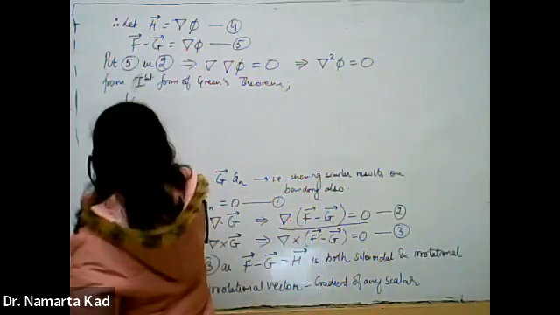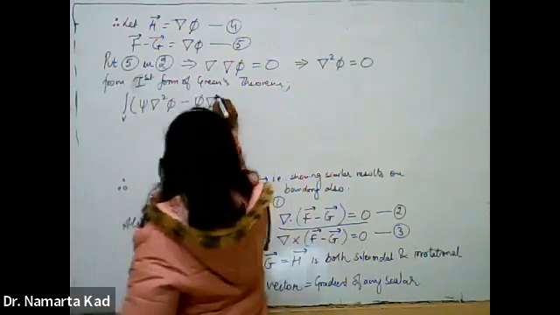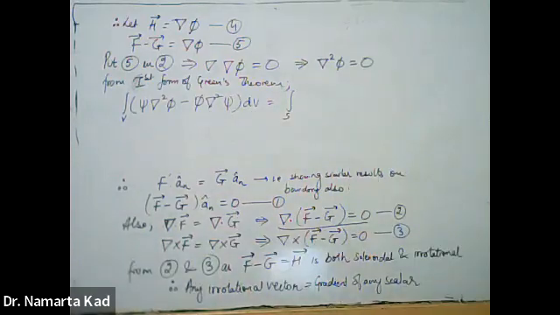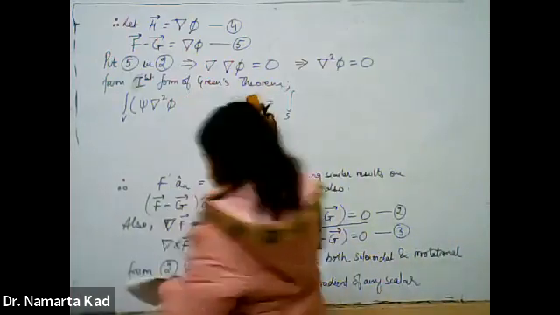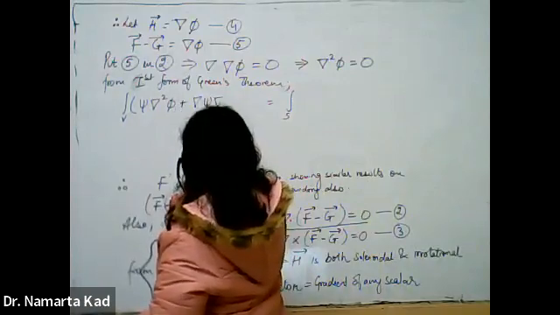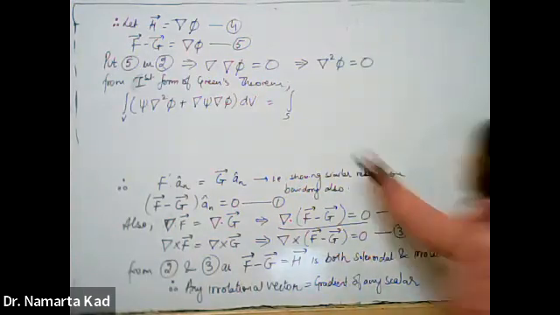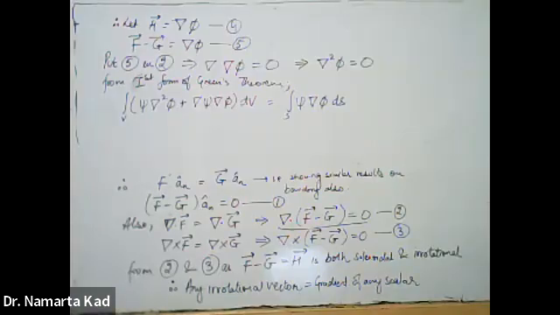On the left hand side it is the volume integral of psi del square phi plus del psi dot del phi dv, and this is equal to the surface integral of psi del phi ds. This is our first form of Green's theorem.